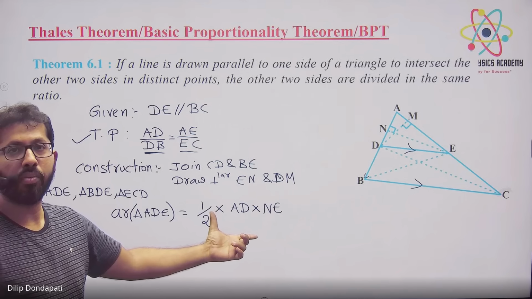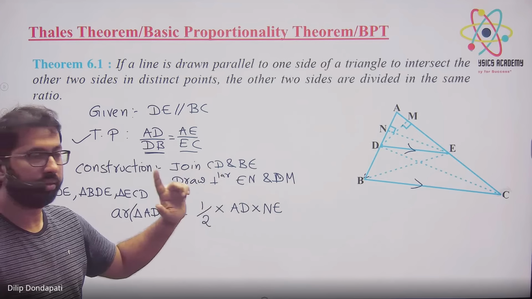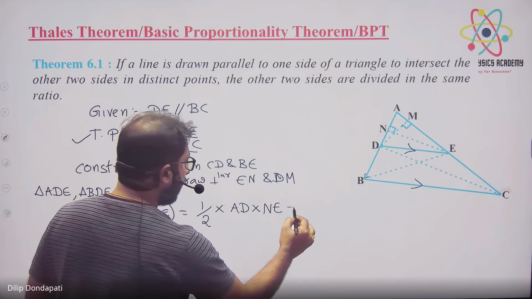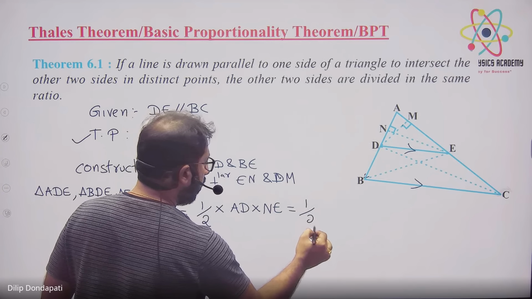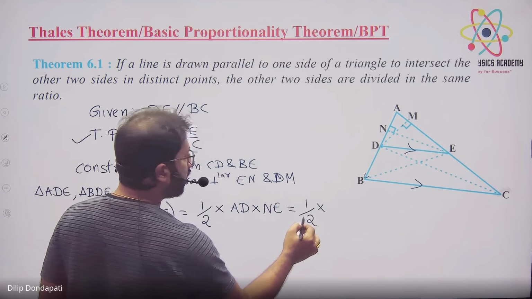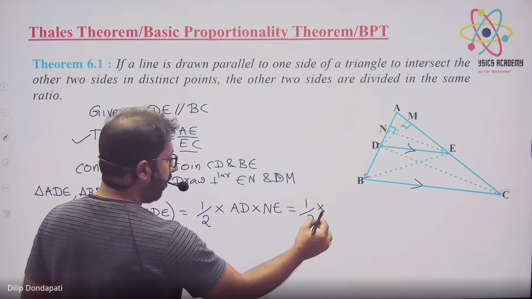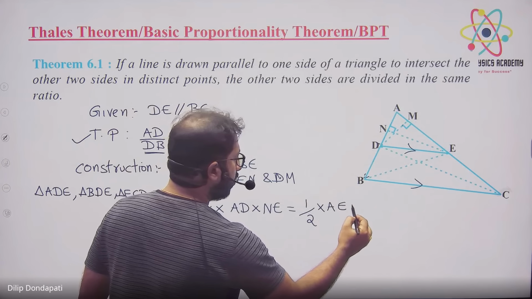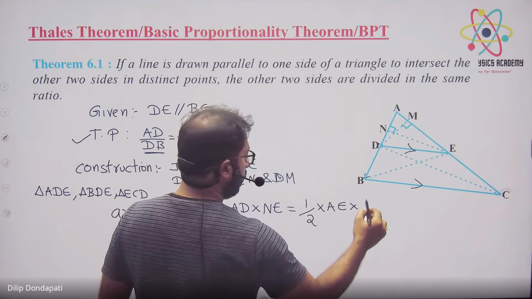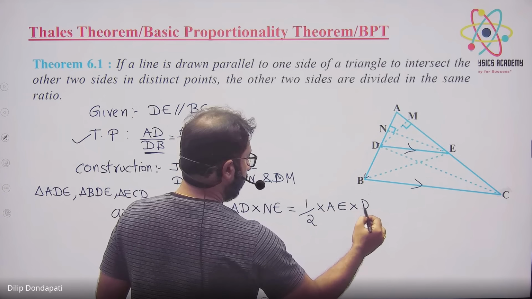Half into base into height is needed, so for that the perpendicular. Or I can write like this also: half into the next base, which is the next base in this triangle? AE, into its perpendicular height, which will be DM. Okay, so this one.